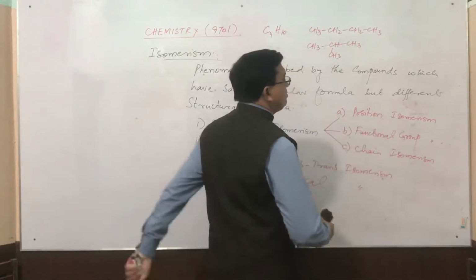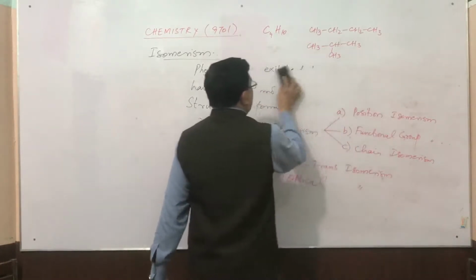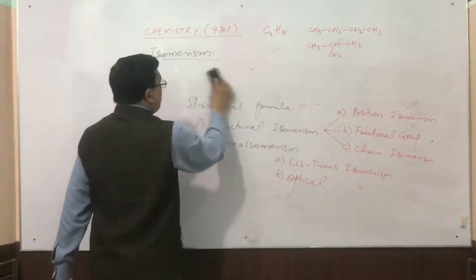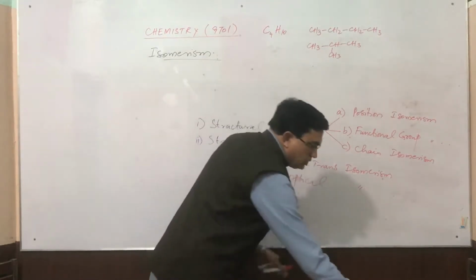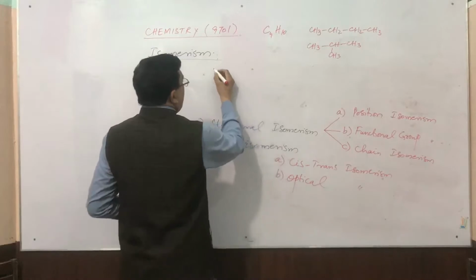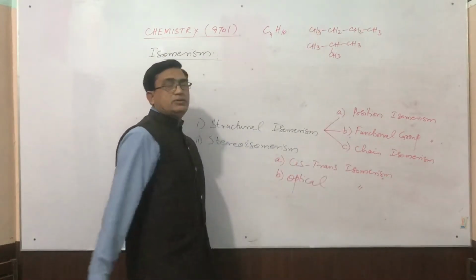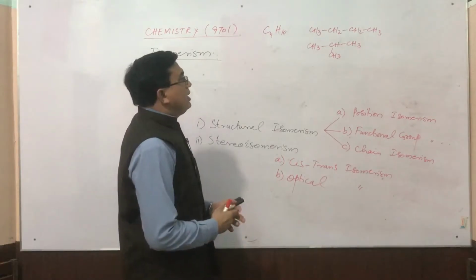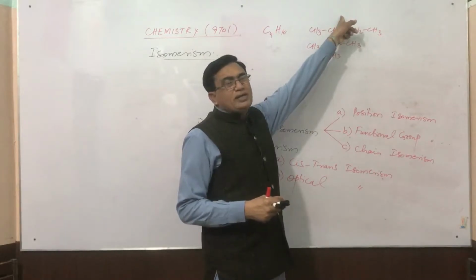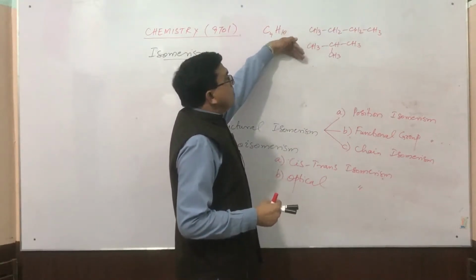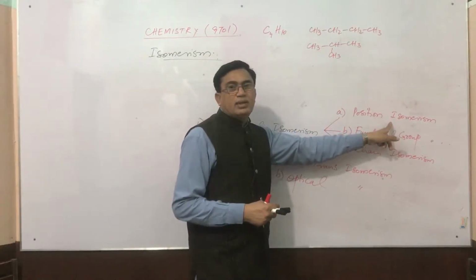Position isomerism is meant only for the position of the functional group. For example, in the two compounds I mentioned, there is no functional group present, so the isomerism in both of them will not be called position isomerism.